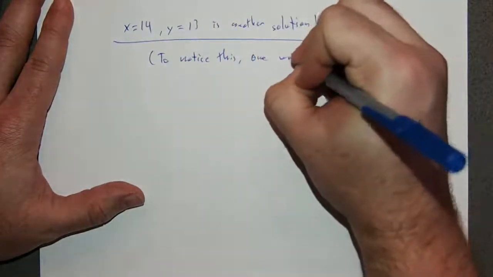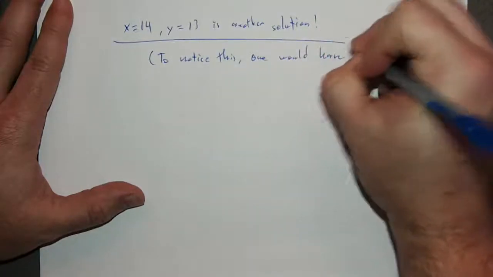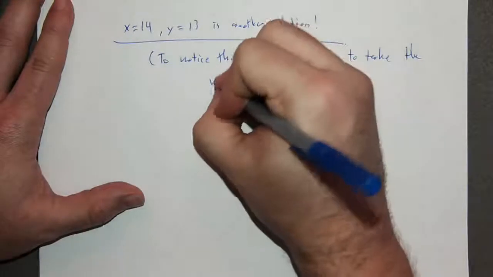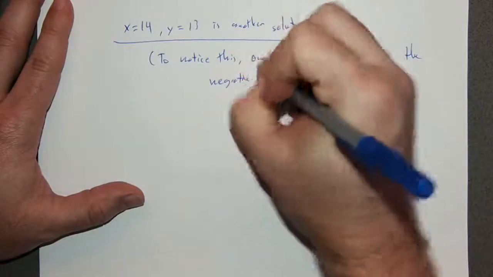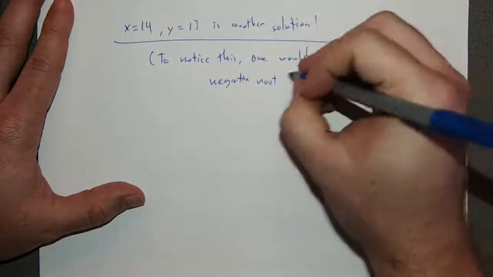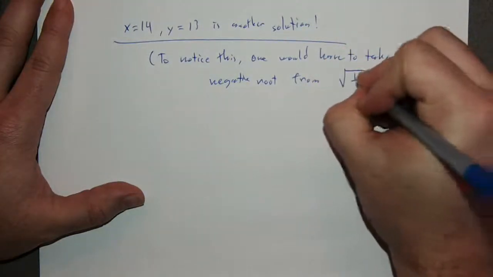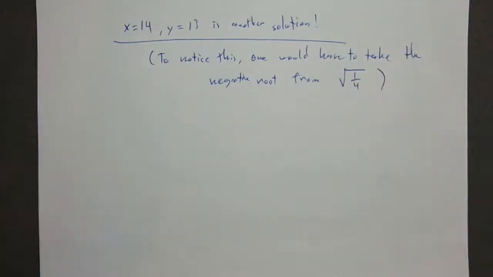one would have to be able to take the negative root from the square root of 1/4. Negative numbers weren't a thing for the Babylonians.